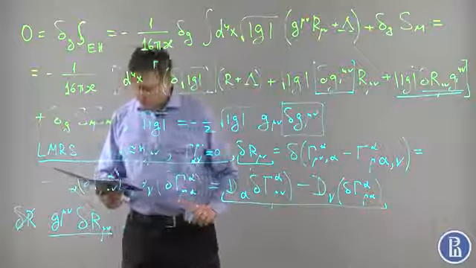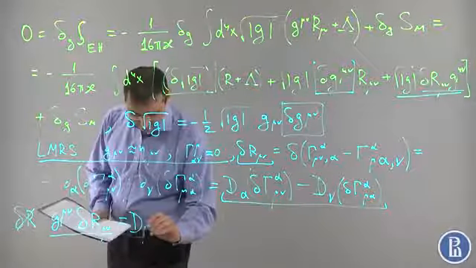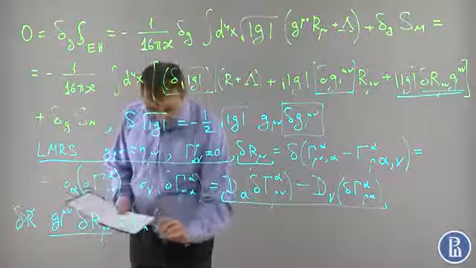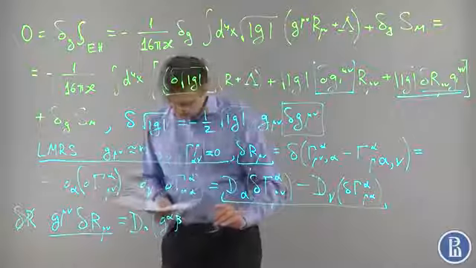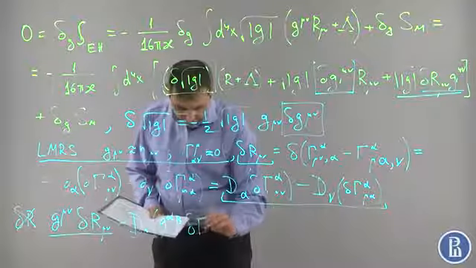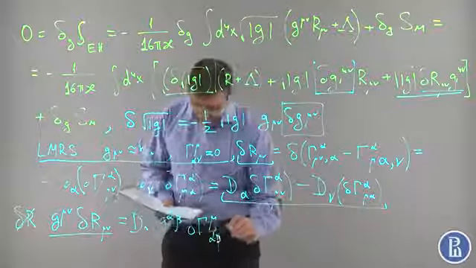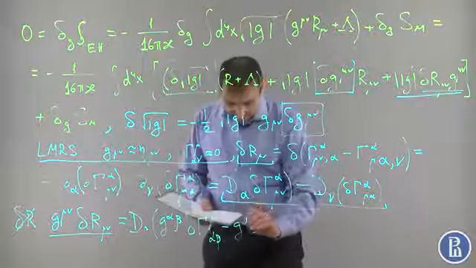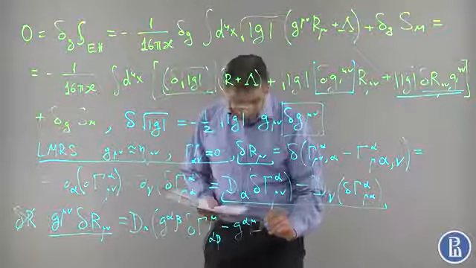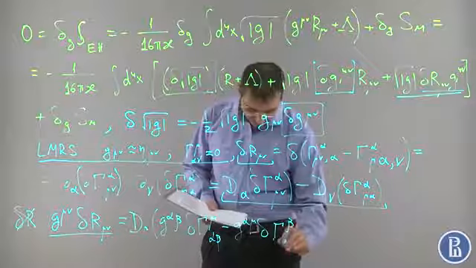This quantity is equal to ∇_μ applied to g^αβ δΓ^μ_αβ minus g^αμ times δΓ^β_αβ.